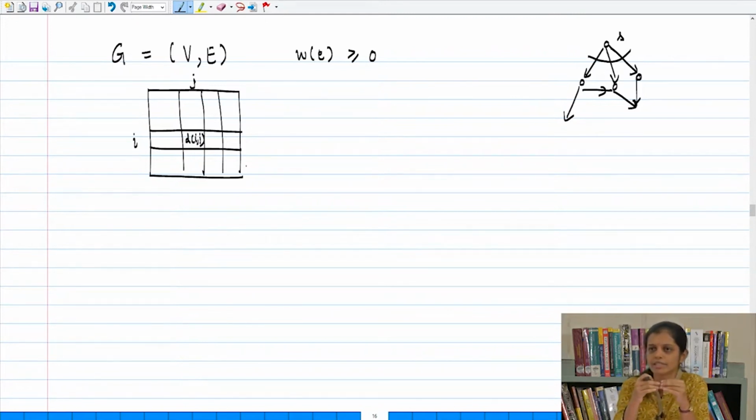One way is to explicitly store all shortest paths, but remember that there are n squared pairs for which we are trying to output the distance, and each path can be long in the worst case, in terms of the number of edges, because the distance is already stored. If you have to represent the path as the actual edges or intermediate vertices, what is the storage requirement for such a representation?